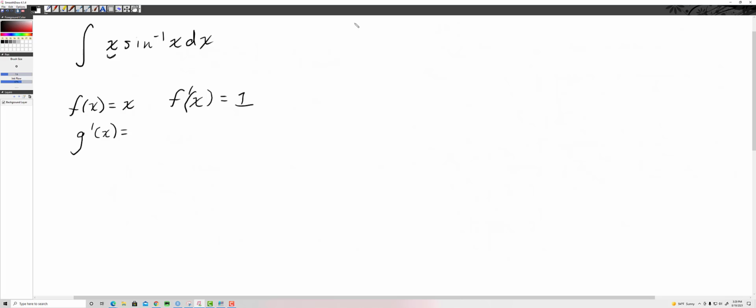Remember, by the way, that integration by parts looks like this. f of x times g prime of x dx, and then you have f of x g of x minus the integral of g of x f prime of x.